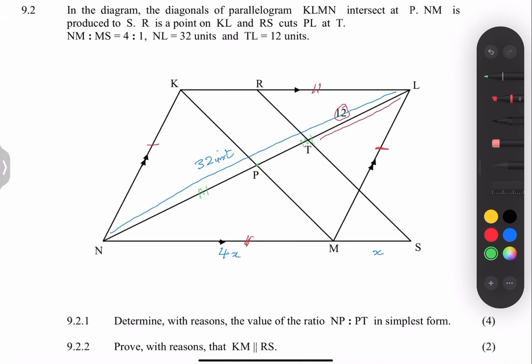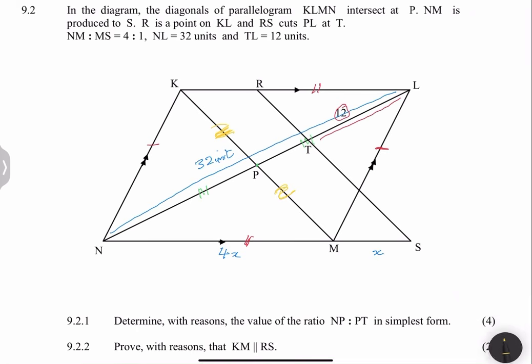What it also means, and I'm going to try and do that in another color, is that KP would be equal to PM. Why? Because they are diagonals of a parallelogram. So we need to know all of that information.